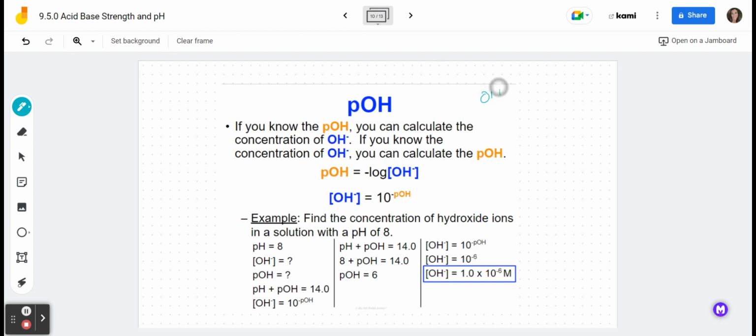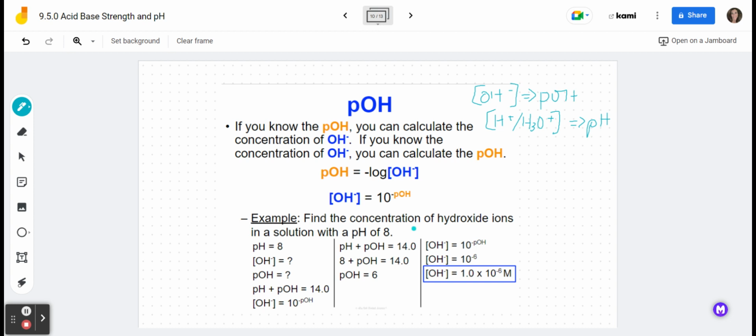So OH minus goes together with pOH, and H plus or hydronium concentration goes with pH.